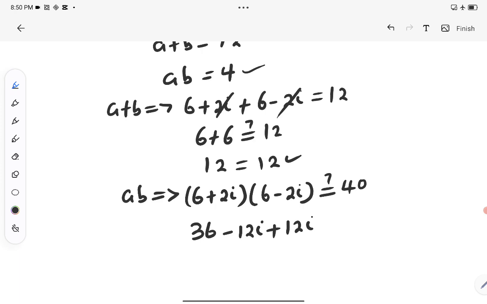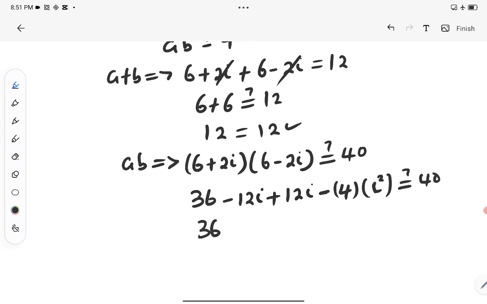Then 2I multiplied by minus 2I, this is minus 4 multiplied by I square, must be equal to 40. And this is 36. This cancels this.